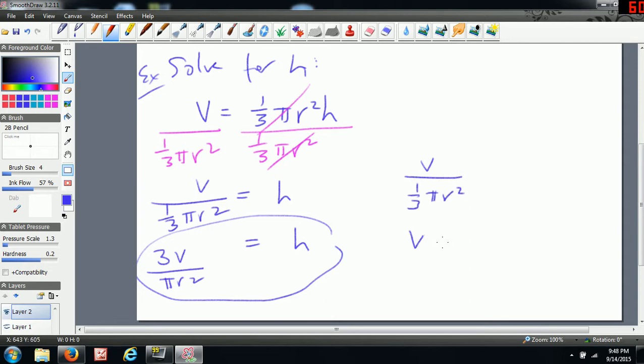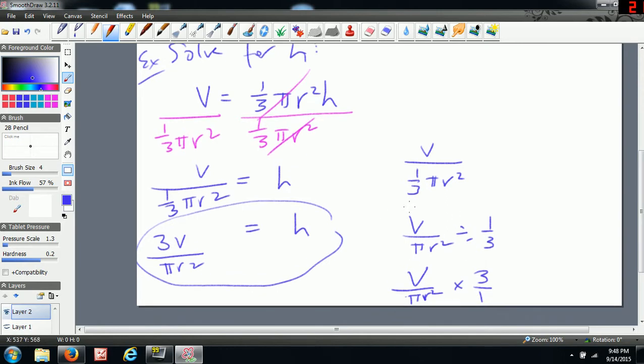So that's like v, and I'm leaving the pi r squared, divided by 1/3, which is the same as v over pi r squared times 3 over 1. So you know that in fractions, when we divide by something, then you just change it to multiplication and flip the second fraction. So that's how you end up with 3v over pi r squared, this answer right here. Okay?